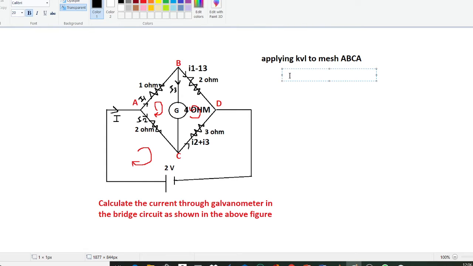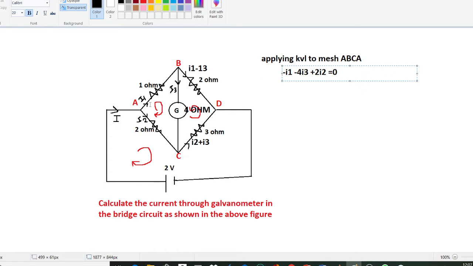So on applying the KVL we can write minus I1 minus 4 I3 plus 2 I2, and that is equal to 0.